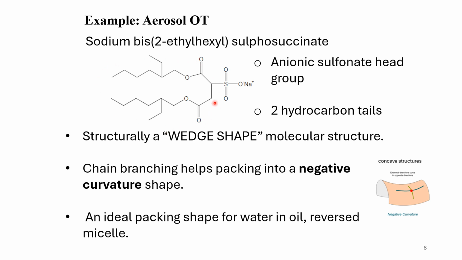So it might not tend to form the normal micelle. And eventually we get the reverse type of micelle to be formed, which consists of this negative curvature shape. And this kind of molecule has the ideal packing shape for the water in oil type emulsion dimensions.